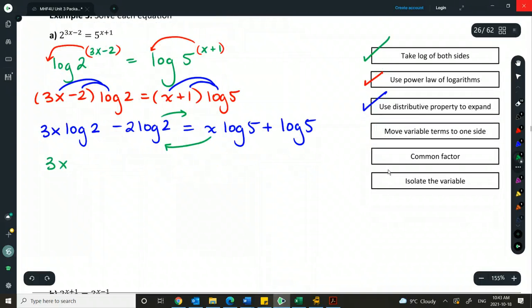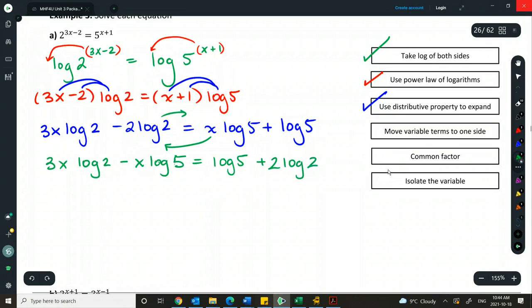Okay, so I'm moving everything to the left with an x, so it will become negative x log 5. Remember to switch the sign of that expression when you move it over. And then I'm going to have log 5, and negative 2 log 2 will become positive 2 log 2. So my ultimate goal here is solve for x. Get x by itself. That's the goal, right?